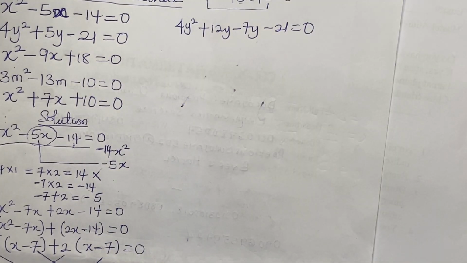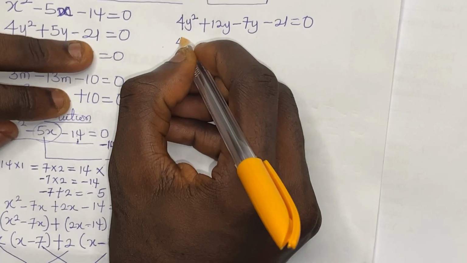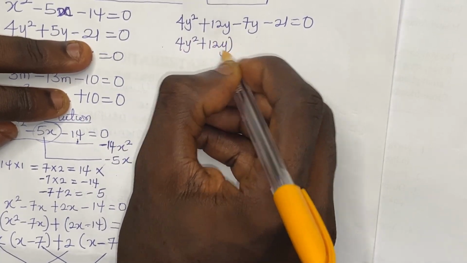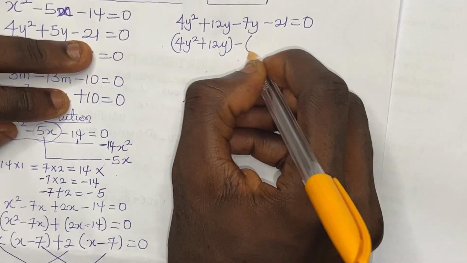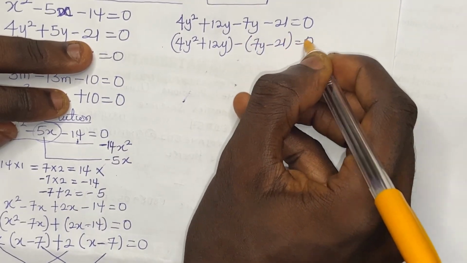Do you understand that now? So that is what we are going to have there. And then from here, you pick them two, just like I did in the previous example. So this will be 4y squared plus 12y minus 7y minus 21 equal to 0.